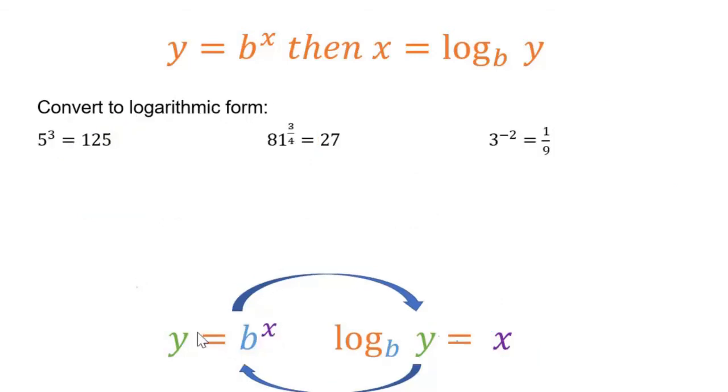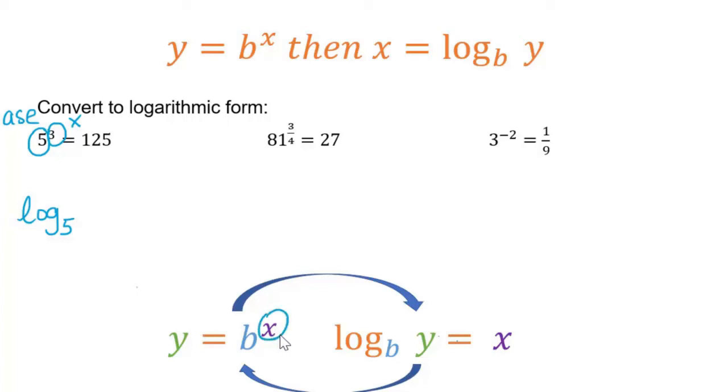Sometimes it's easiest to rewrite exponential forms in logarithmic form if we label the components. So 5 here is our base, and the base of the exponent will become the base of the logarithm. The exponent is always x. The base is raised to the value of x.